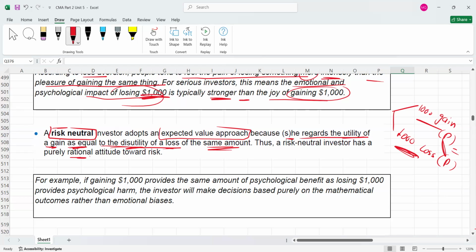For example, if gaining $1,000 provides the same amount of psychological benefit as losing $1,000 provides psychological harm, the investor will make decisions based purely on mathematical outcomes rather than on emotional biases. Understood? So for risk neutral people, gain or loss are both equally important. But for risk averse people, loss was more important than gain.